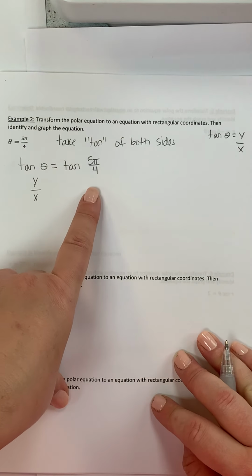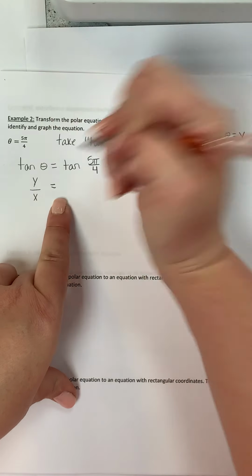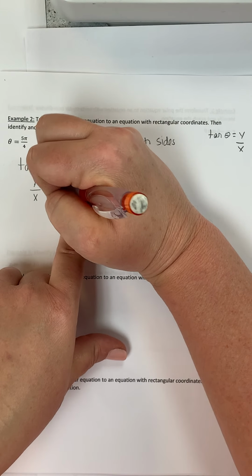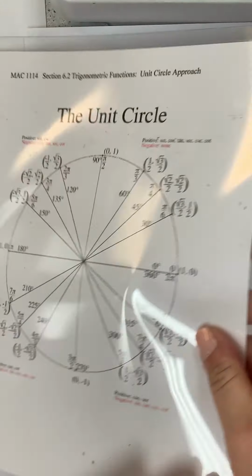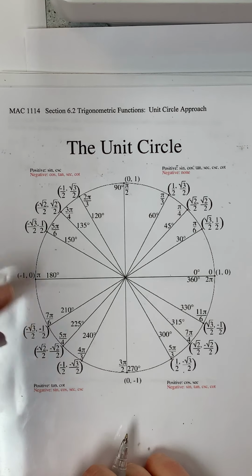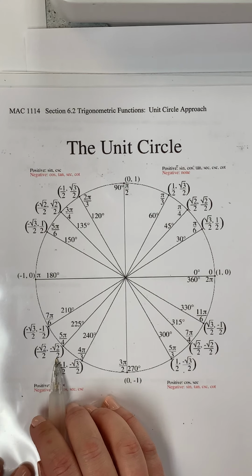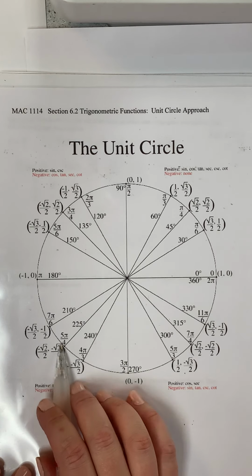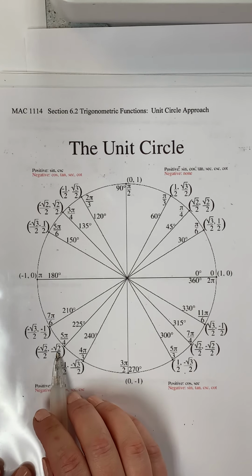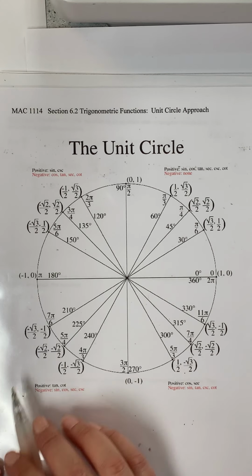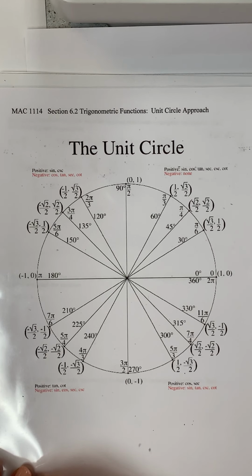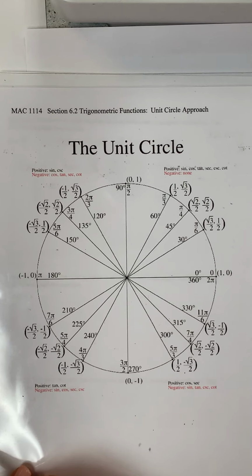Okay. What is tan of 5 pi over 4? Well, we have to go to our unit circle. Here's 5 pi over 4. Here's x, here's y. Cosine, sine. Okay, so if they're exactly the same number, they're both negative. So when I put one over the other, I'm going to get a positive.